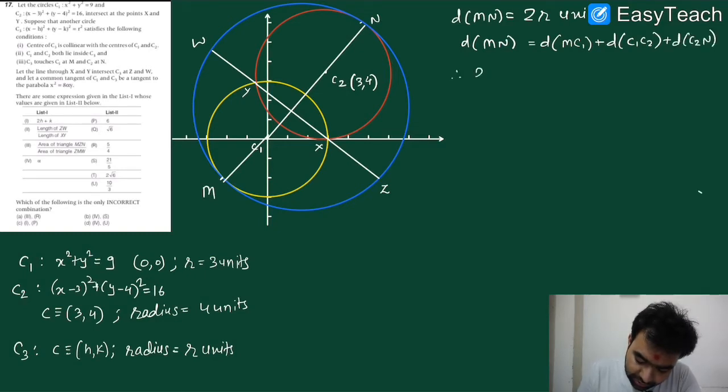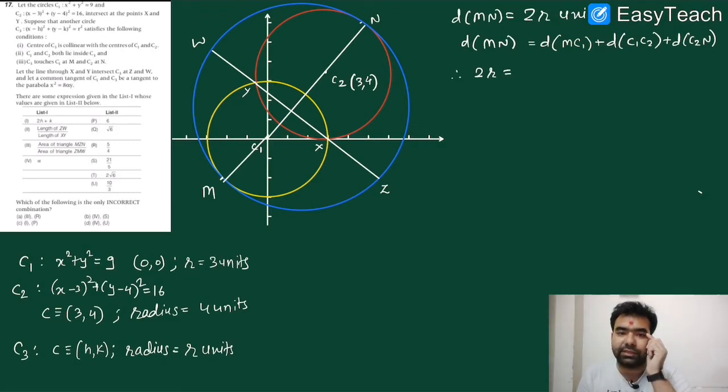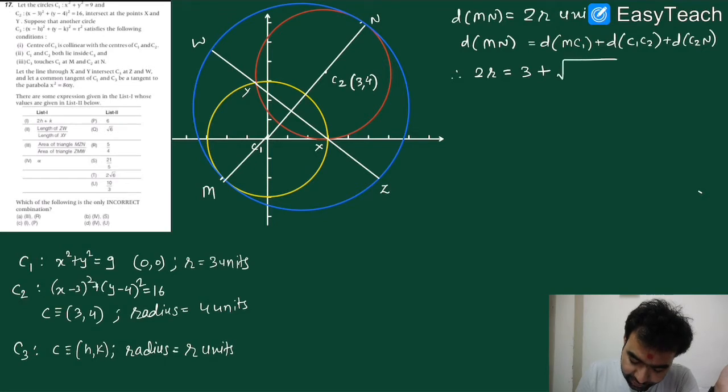So 2r is equal to distance MC1, which is the radius of the first circle, 3 units, plus distance between C1 C2. C1 is 0, 0, C2 is 3, 4, so that is under root of 9 plus 16, and C2N is the radius of the second circle, which is 4 units. So this is 3 plus 5 plus 4, so 2r is equal to 12.